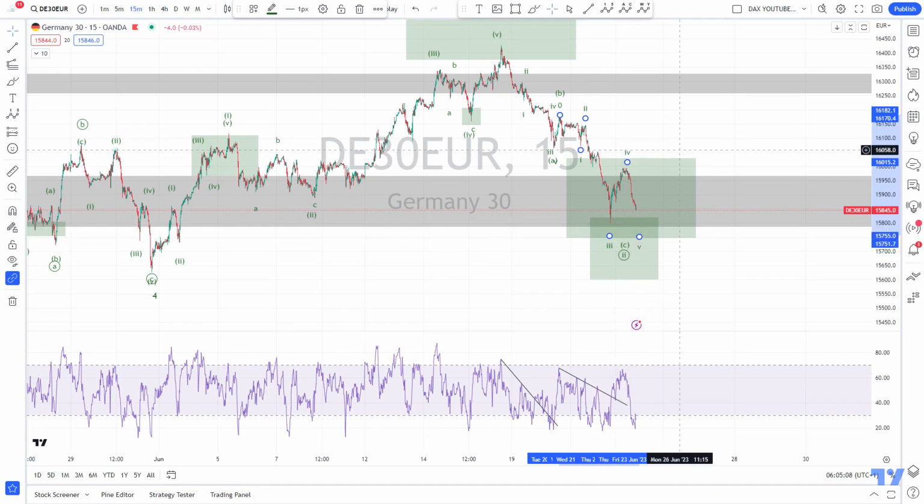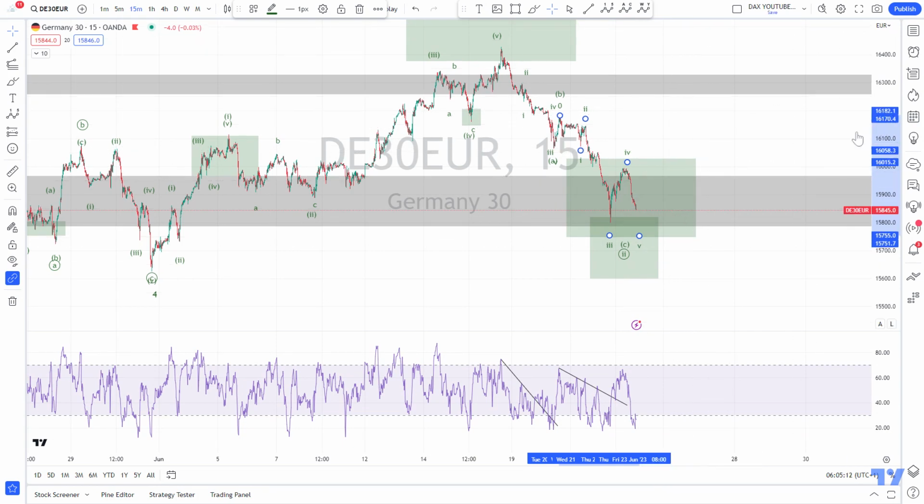So this is one possibility for today. So to go again long from this area, but a bit deeper below this low. Yeah, it could also be that we hold the low and that we start to move up from here.